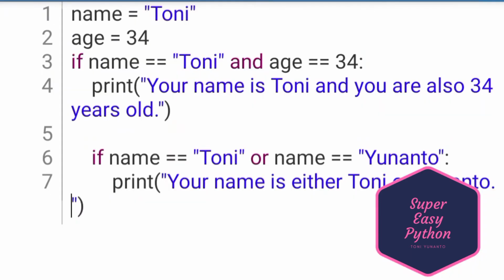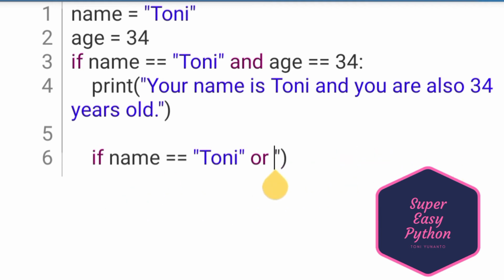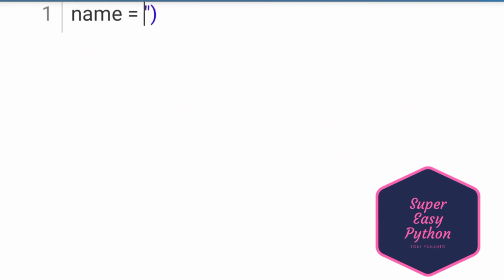And the next one, we have the while loops. While loops repeat as long as a certain Boolean condition is met. For example, like this. Count equals to 0.